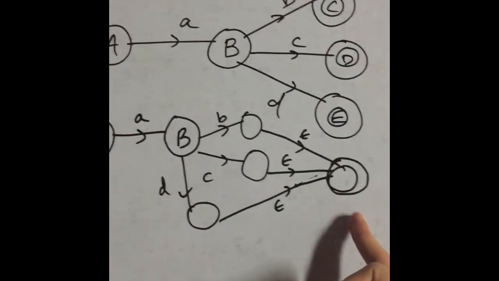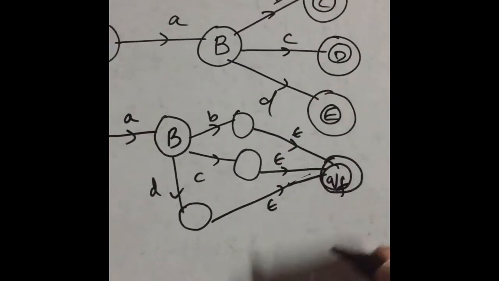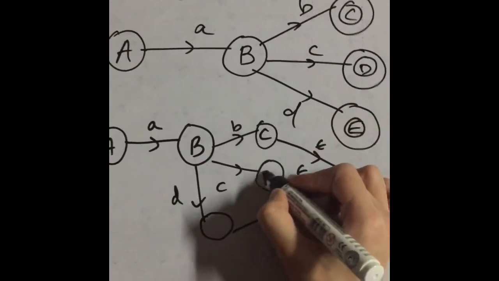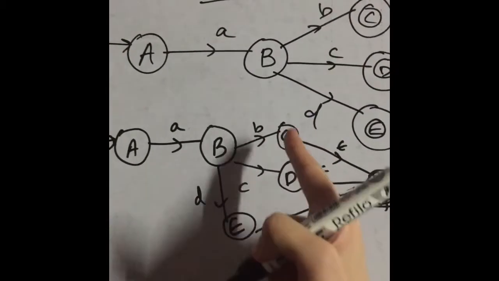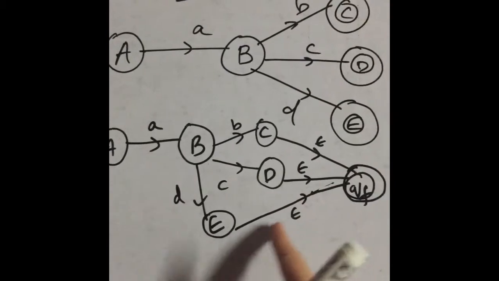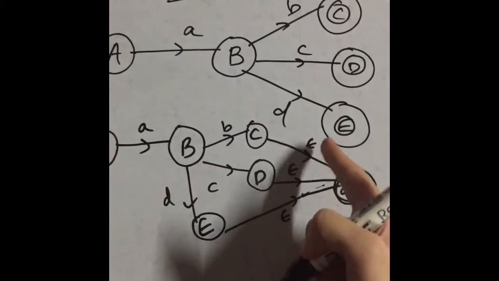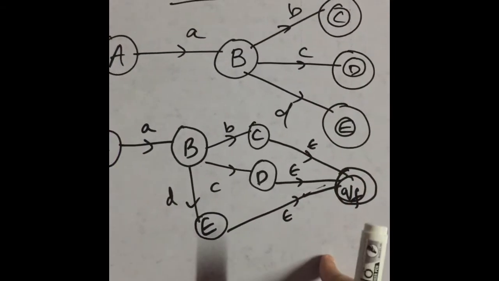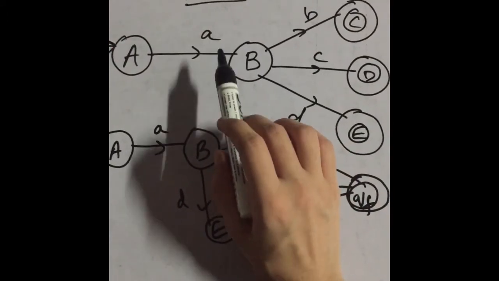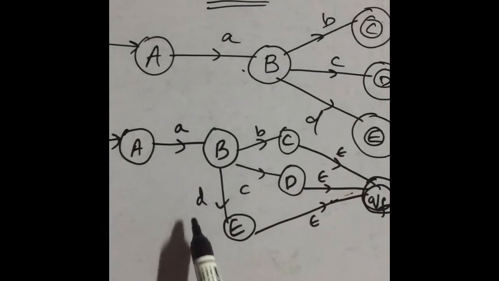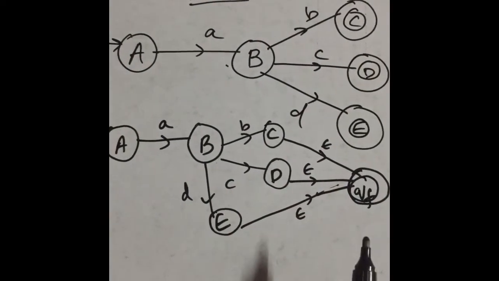So this is a single final state, named QF, and this is C, D and E. So A, B, C, D, E are non-final, and with the help of null transition there is no change. All those strings which are accepted by this finite automata are also accepted by the new finite automata.